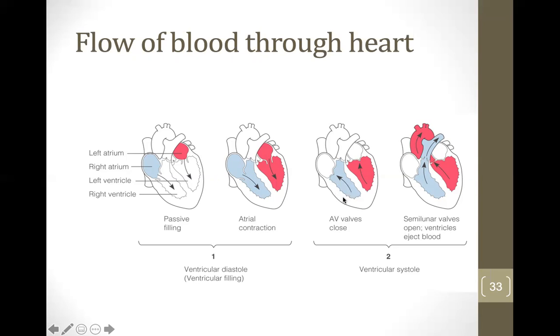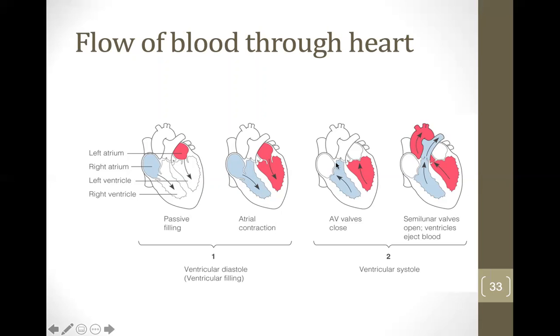Then we start to contract the ventricles. What that's going to do is close these atrioventricular valves and open up our semilunar valves. So blood now is restricted from going back into the atria themselves and instead is directed into the arteries.